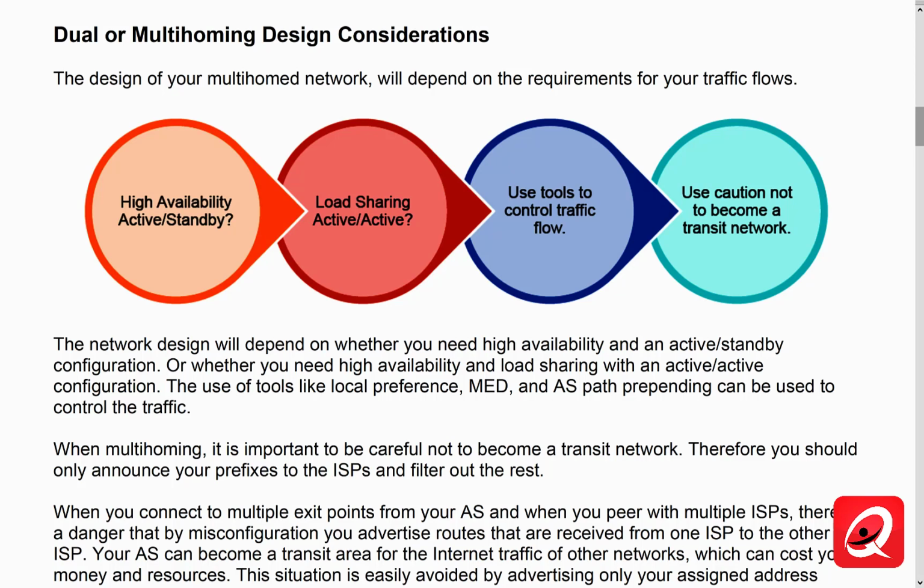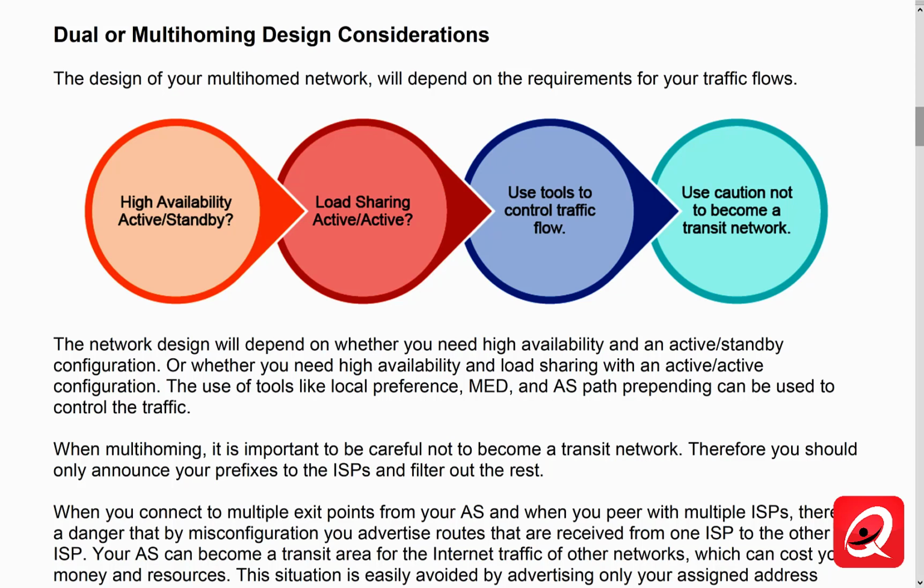In a multi-homed scenario, although a lot of mechanisms are in place to prevent this from happening, it is possible that you could end up becoming a transit AS, meaning that people on the internet are going to use your autonomous system to route from one service provider to the other. You become a transit network.